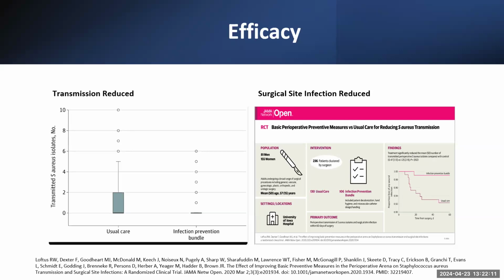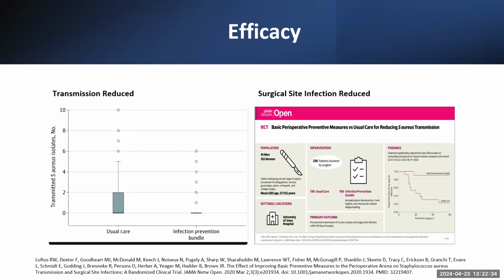And what you see on the left is Staph aureus transmission, the mean number of isolates transmitted during a case on the y-axis, and then the group, usual care or the infection prevention bundle, on the x-axis. And you can see that in the treatment group with the bundle that was optimized, there was almost 0 movement of Staph aureus.